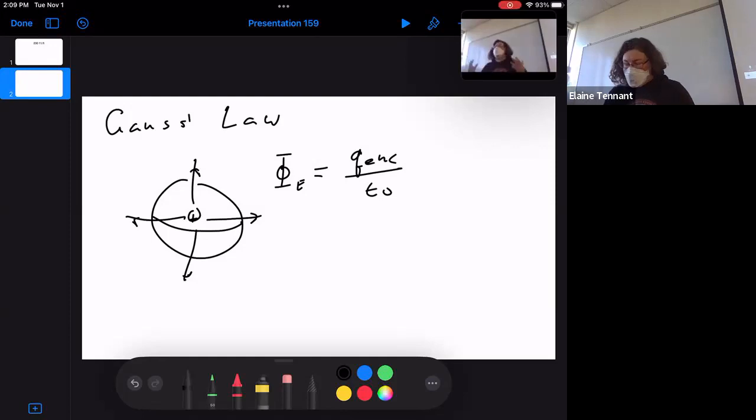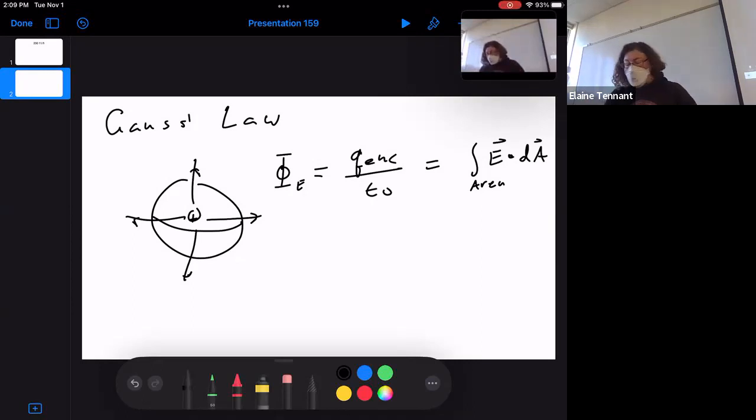And the big idea there was that you could set this equal to an equation that included the electric field. And then you were really clever in your choice of shape, like a sphere or a cylinder or a rectangle.